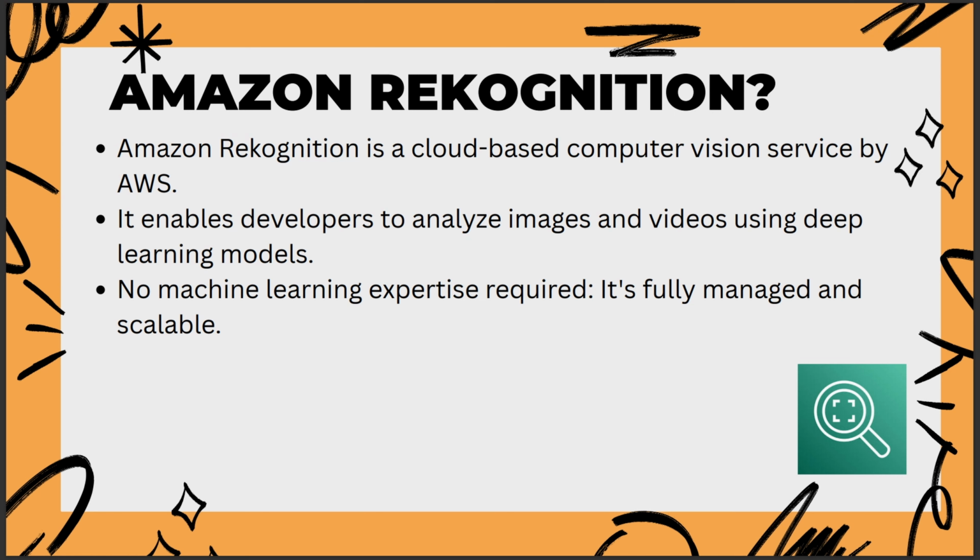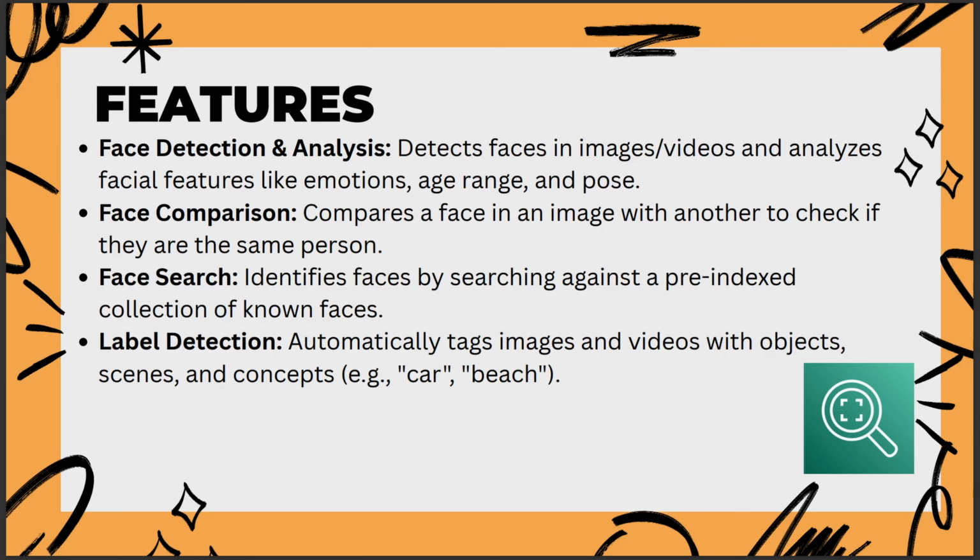Most of the time when somebody says AI, they just mean a neural network. This neural network just has multiple layers of nodes, and that's what makes it a deep learning model. No machine learning expertise is required to understand or use Rekognition. It is a fully managed and scalable service by AWS.